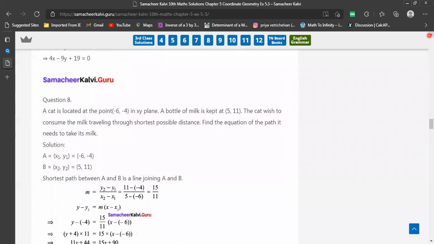A cat is located at the point (-6, -4) in the xy plane. A bottle of milk is kept at (5, 11). The cat wishes to consume the milk traveling through the shortest possible distance. Find the equation of the path it needs to take to reach its milk. Let's plot it in the coordinate plane first.